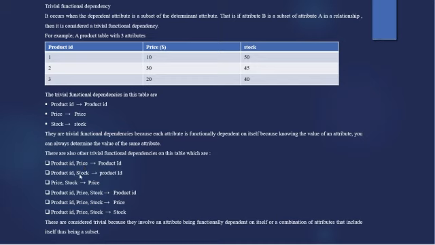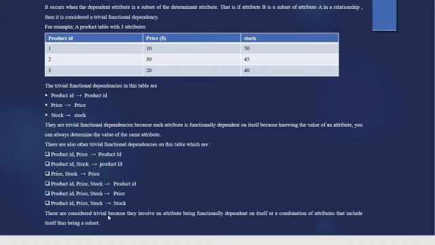Then product ID, stock determines product ID; price, stock determines price; product ID, price, stock determines product ID; product ID, price, stock determines price; product ID, price, stock determines stock.